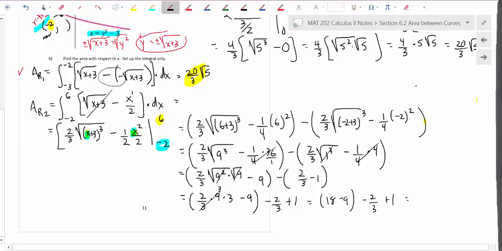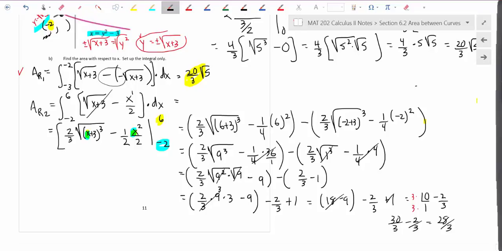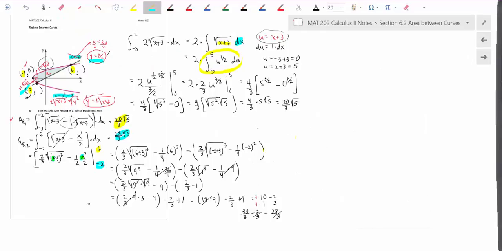That is 9 plus 1 is 10, minus 2/3, so I can get a common denominator to get 30/3 minus 2/3, so that appears to be 28 over 3. Okay, so those would be the values of those two integrals, and then we can add those two basic areas together. Okay, so I made a little mistake on this one.